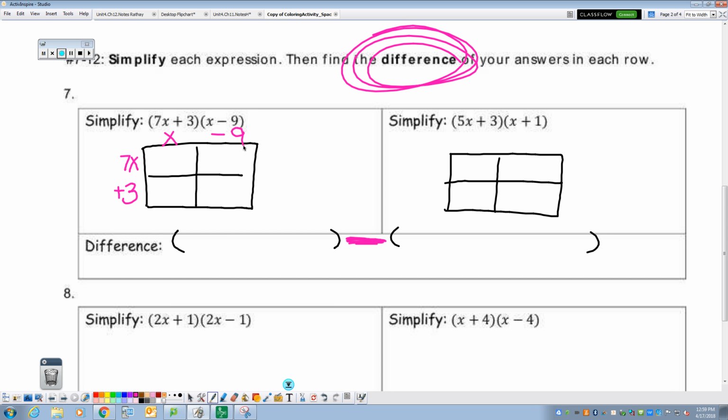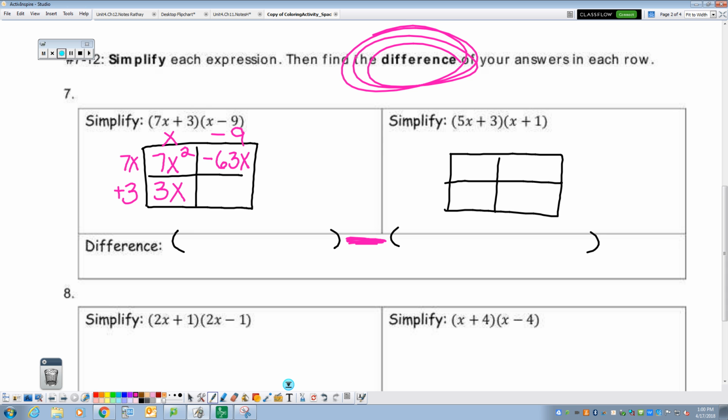To fill in the first box, 7x times x is 7x squared. Top right corner, 7x times negative 9 is negative 63x. Bottom left corner, 3 times x, 3x.